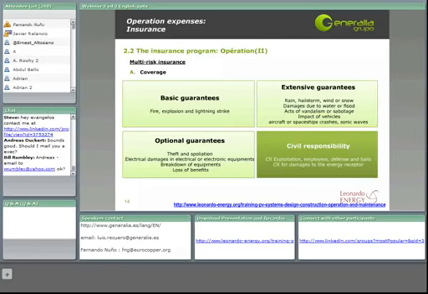Here we will recommend you to include the breakdowns of the inverters, and it is really weird that it includes the loss of benefits because of production losses when we are talking about multi-risk insurance. Anyway, it will be really important to include civil responsibility if we are getting a multi-risk insurance.